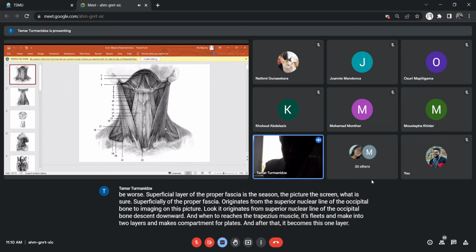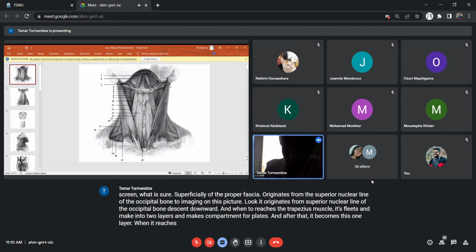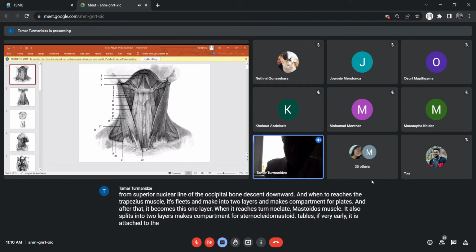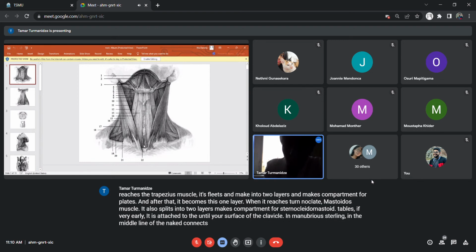When it reaches the sternocleidomastoid muscle, it also splits into two layers and makes a compartment for the sternocleidomastoid muscle. Inferiorly, it is attached to the anterior surface of the clavicle and manubrium sterni. In the midline of the neck, it connects to the white line of the neck.